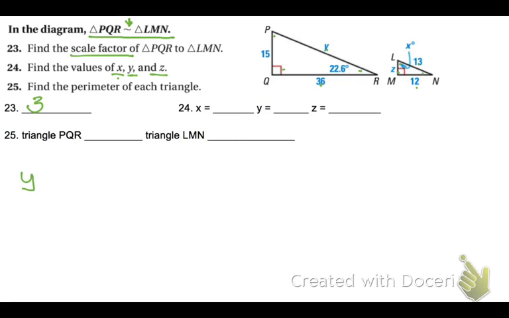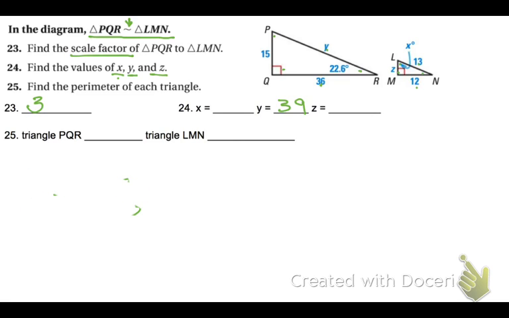We have y over 13 is equal to 3. So something divided by 13 is going to equal 3. A little bit of math, and we know that 39 divided by 13 equals 3. And so the y value is equal to 39.